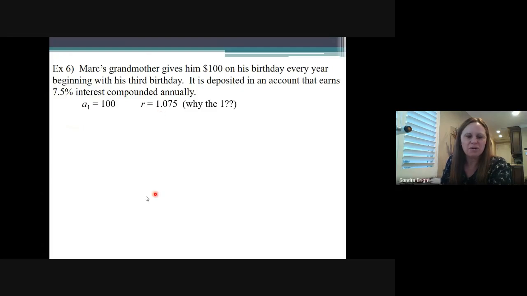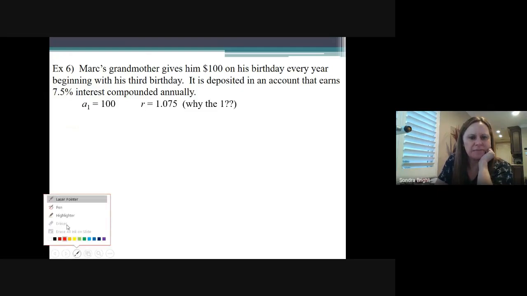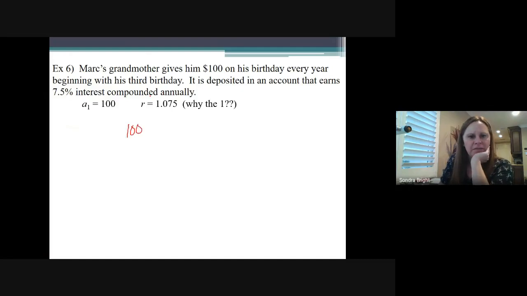Well, you got to think about it this way. You start with $100, right? So if you do 100, and then the bank pays them interest of 7.5%, so if you do 0.075 times the 100, that's $7.50.